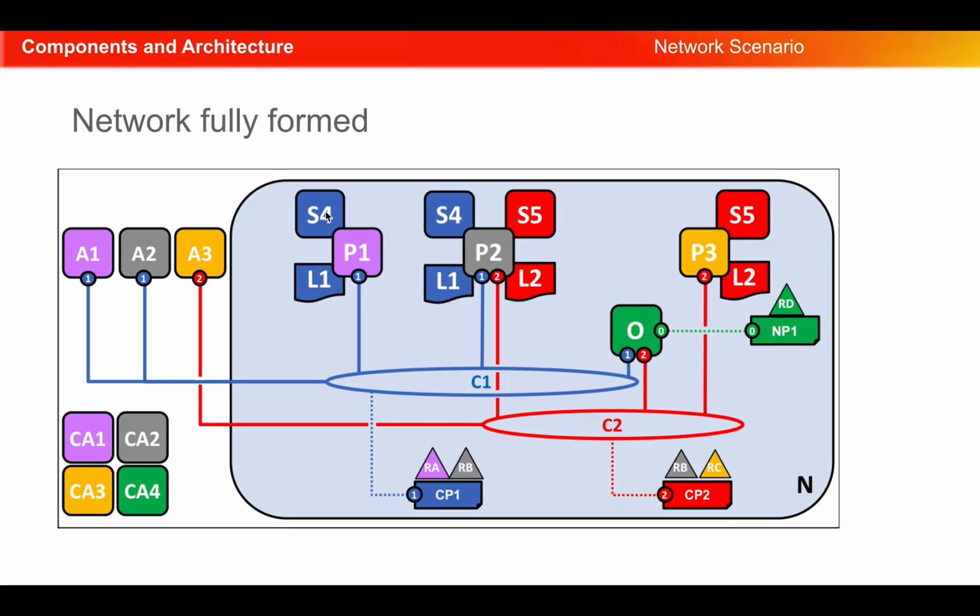As you can see, you have S4 and L1, and P2 has S4 and L1 as well. Next, you have the C2 channel, and C2 is connected to P3, and it is also connected to P2 as well. As you can see from this structure, one peer, which is P2, which is part of organization B, is part of both channel 1 and channel 2. That is why it has two smart contracts and it has two separate ledgers for maintaining the data for that particular channel.